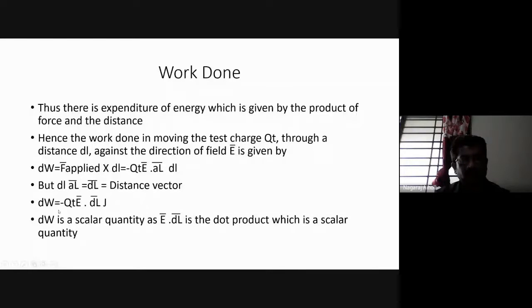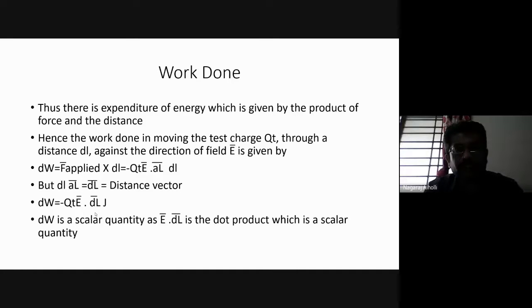Therefore, dW will be equal to minus QT E bar dot dl bar joules, since this dl AL bar is the vector dl bar. Dot product, is it a scalar quantity or a vector quantity? Dot product is always a scalar quantity, correct?